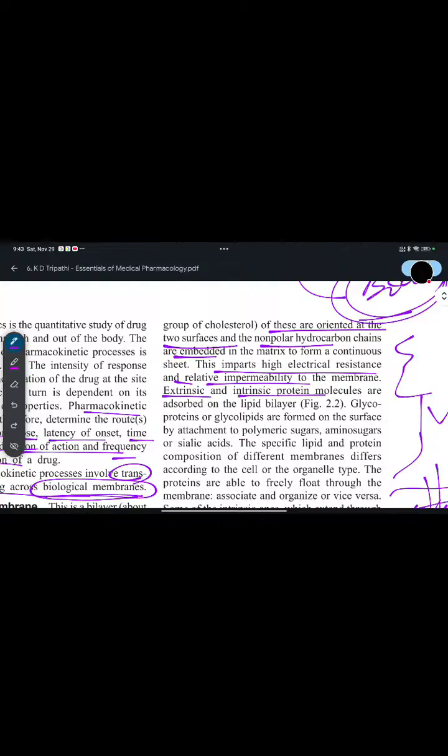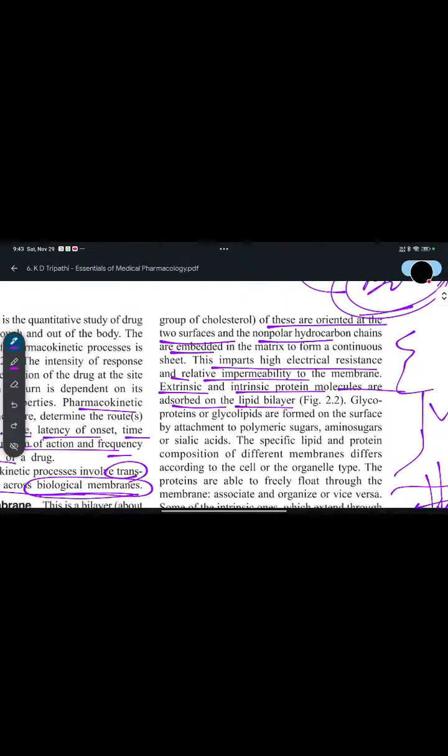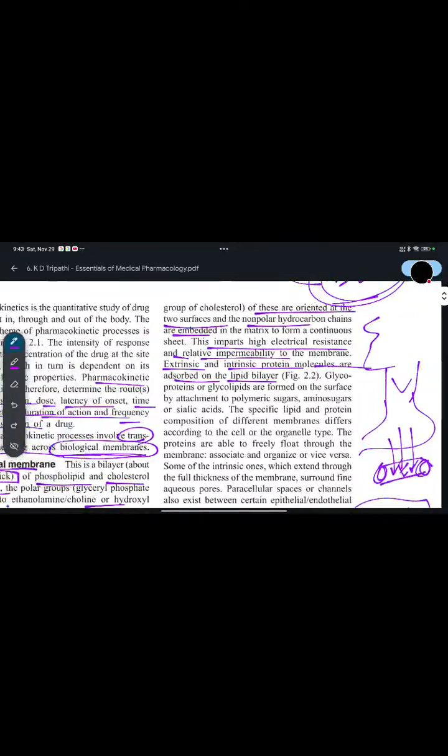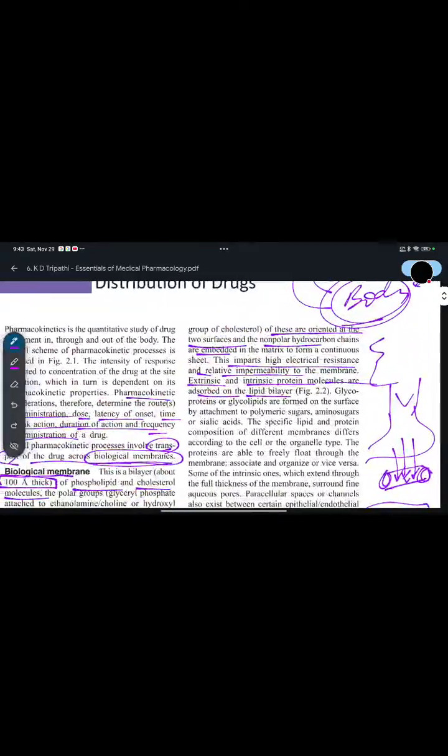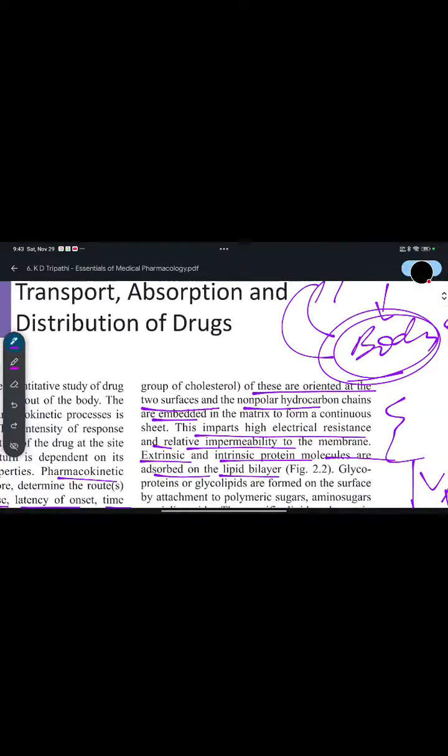Extrinsic and intrinsic protein molecules are adsorbed on the lipid bilayer. I also told you about the integrated protein, and I'll show you in a diagram. This is a lipid layer, and this is another lipid layer. In between these two lipid layers you will see one integrated protein like this, and it will create a channel. Both layers form the lipid bilayer.